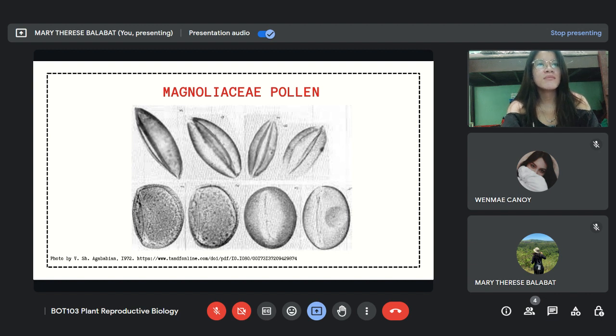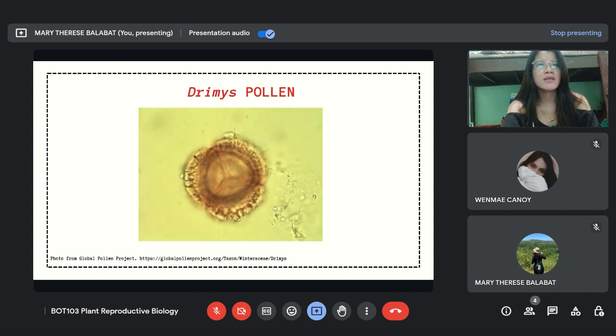So, in the Drimys pollen, it's somewhat similar sa ang kaning Magnoliaceae kay somewhat similar sa Drimys nga pollen and also to the Illiceae, but their particular interest lies in the fact that they remain united in the tetrad at maturity.